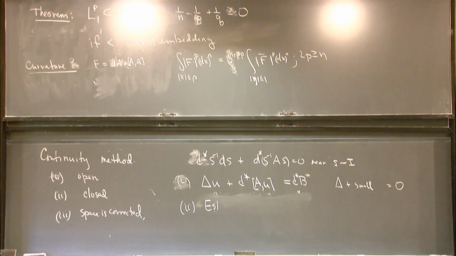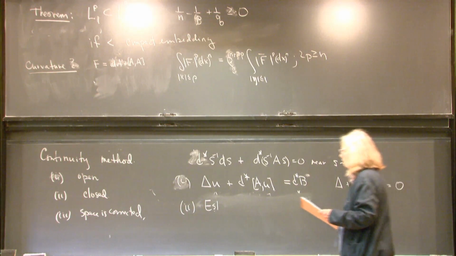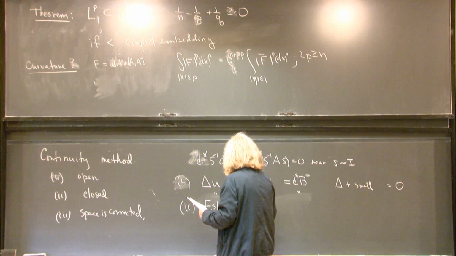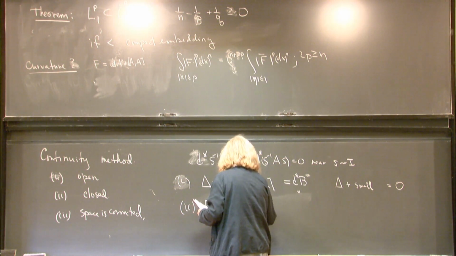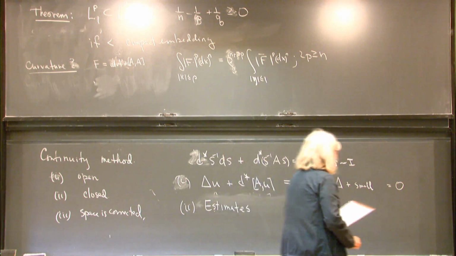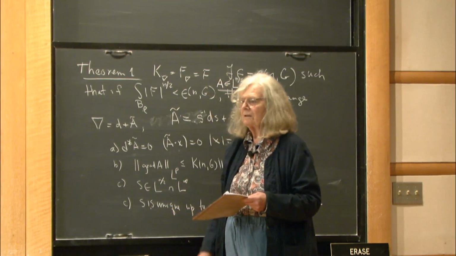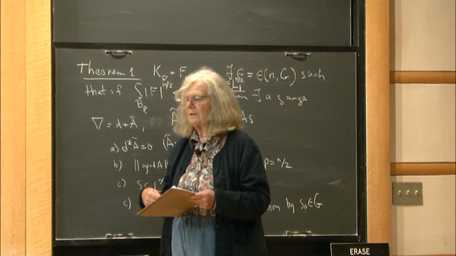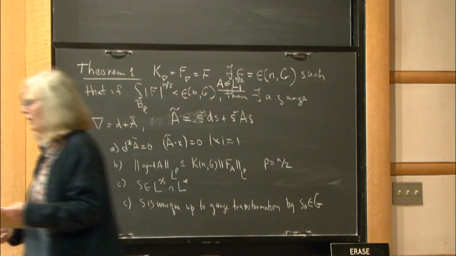The set of A that satisfies this condition is open and closed. And that's just estimates. And the estimates are in the theorem right here, because we have an estimate on A, and we can take a weakly convergent subsequence, and the estimate will still be true, and we're in good shape.